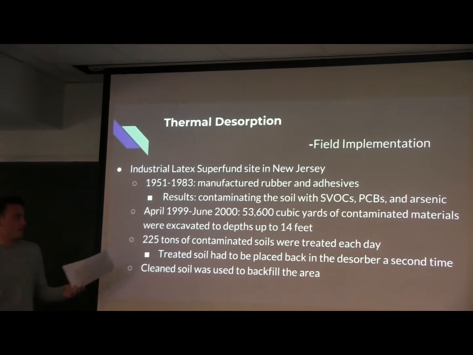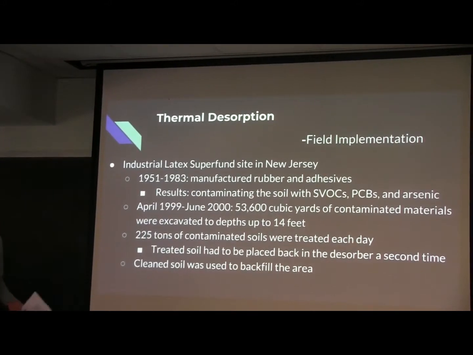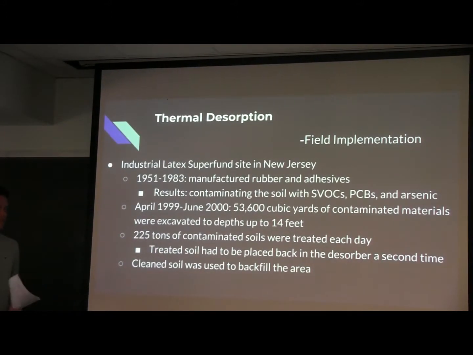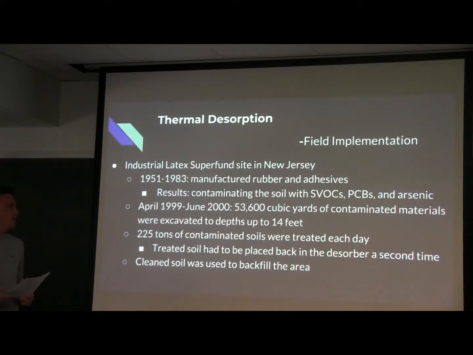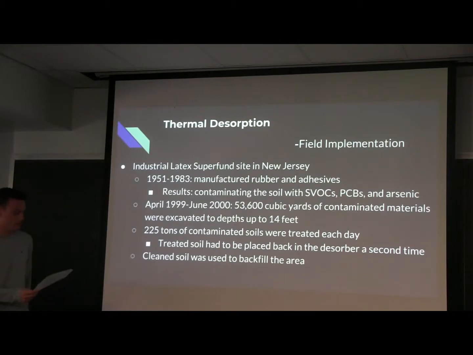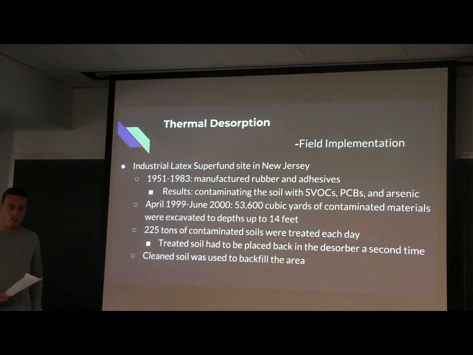From April 1999 to June 2000, over 53,000 cubic yards of contaminated materials were excavated at depths of up to 14 feet. During the process, 225 tons of contaminated soil were treated every day, and it actually had to be treated by thermal desorption 2 times before they backfilled the site.